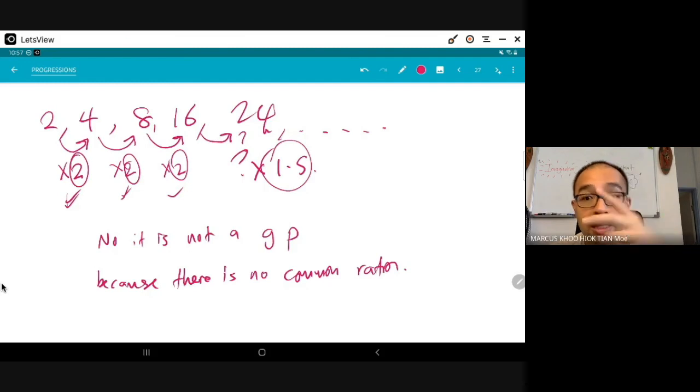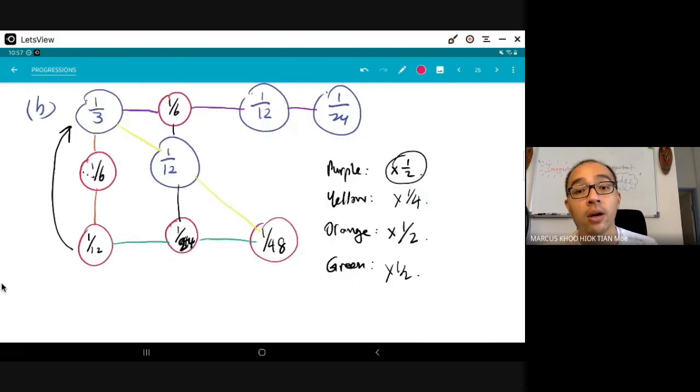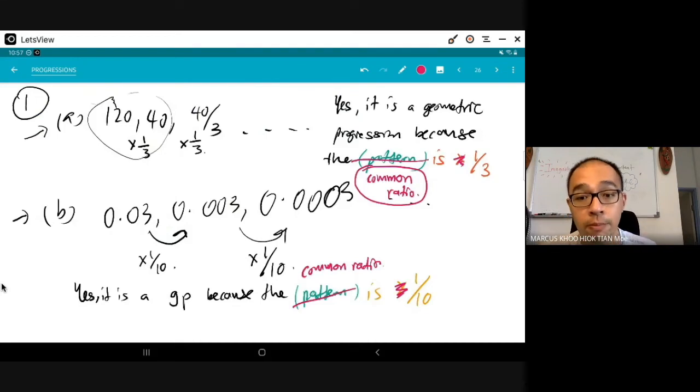The two things I want you to take with you today are, number one, how to find out the geometric progression, how to complete a network. And number two, if I give you a progression and ask you whether it is a geometric progression or not, please know how to write the answer. If it is a geometric progression, you must tell me what the common ratio is.